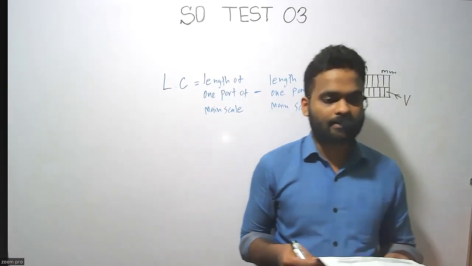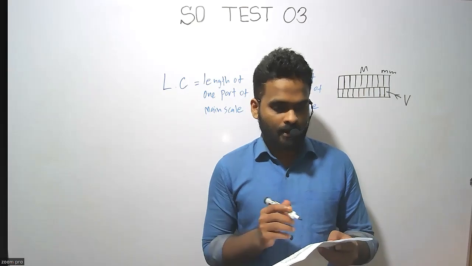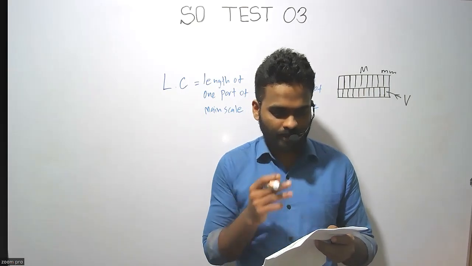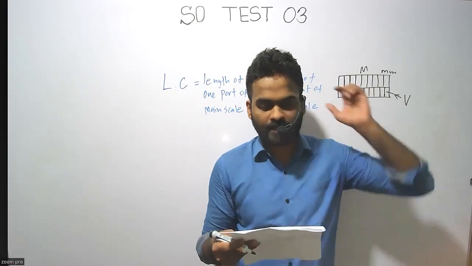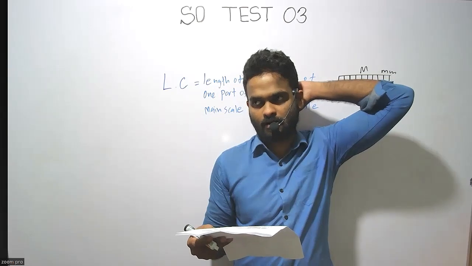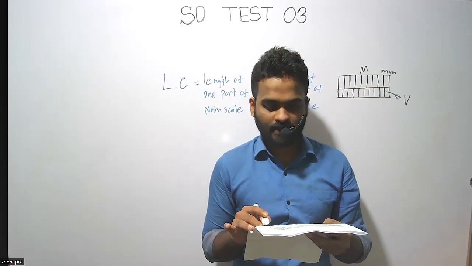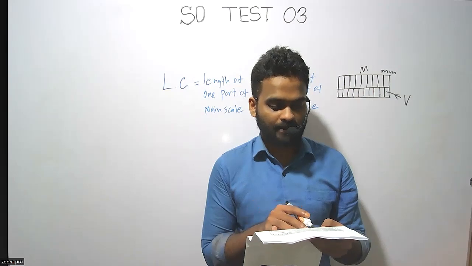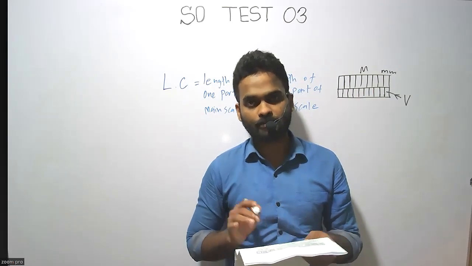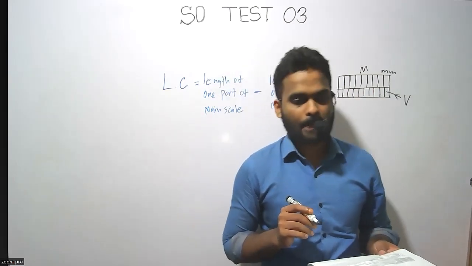Right. Second question. 10 vernier scale divisions coincide with 9 millimeters of main scale. If the length of one division of the main scale is 1 millimeter, the least count of the measuring instrument is. All right.